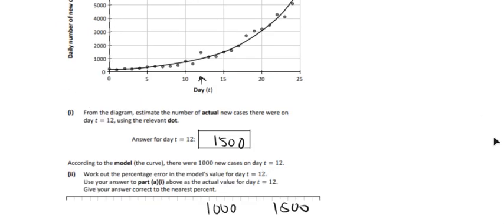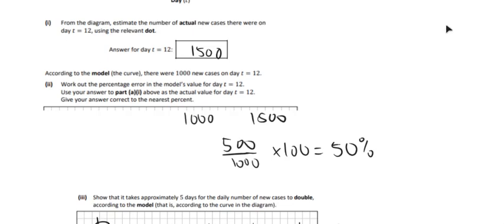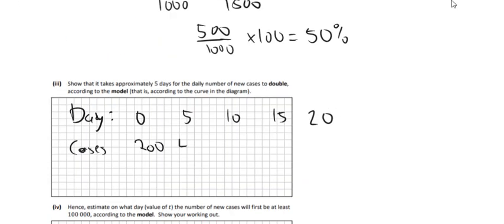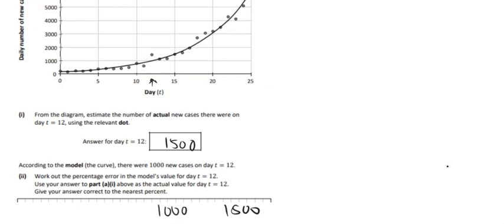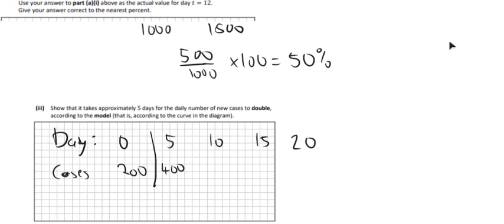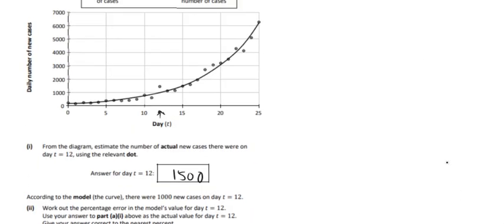On day 5, it probably is about 400. I'm not just putting that in because it's double. It does look about that on the graph. It looks just a little bit below halfway between 0 and 1,000. On day 10, it's just below the 1,000, so let's say 900. Then on day 15, it's say about 1,500.